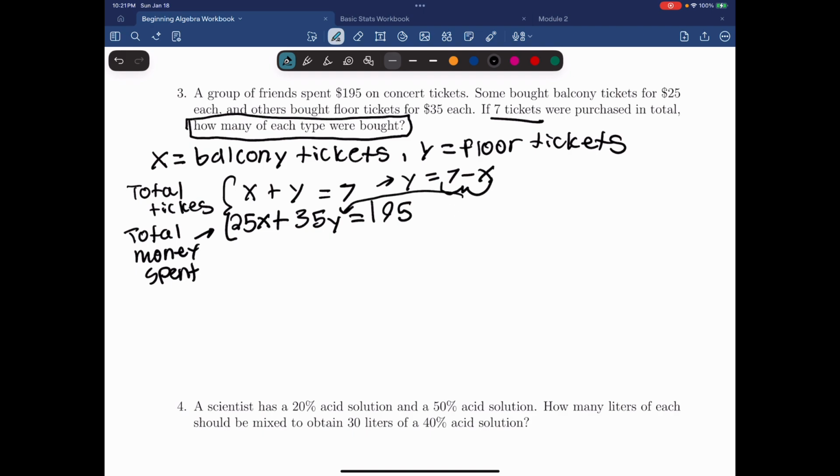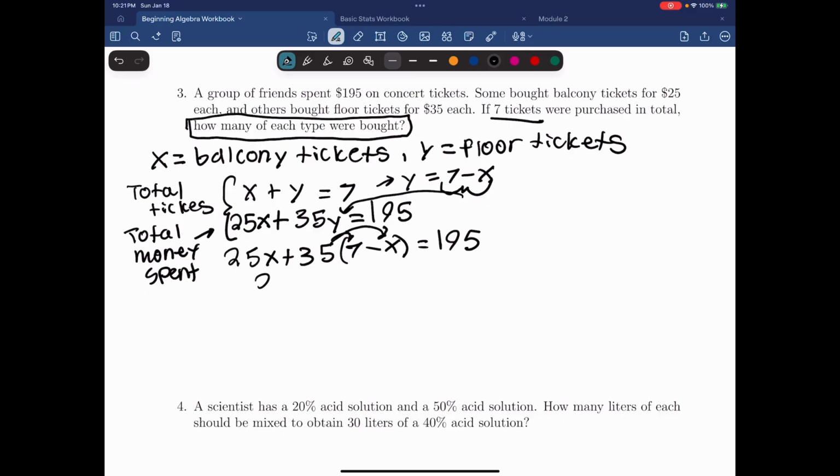And now that I have this equation set equal to y, I'm going to substitute it in for y over here. So what we get is 25x plus 35 times y, which is 7 minus x, equals 195. Oops, that's supposed to be 35, not 3y. And now I'm going to distribute this 35 in.